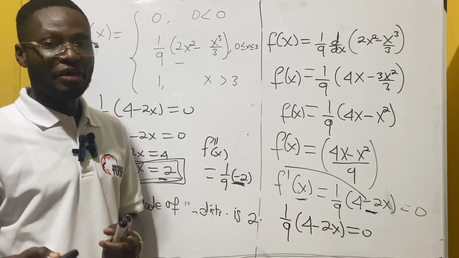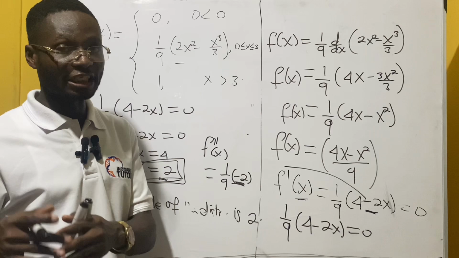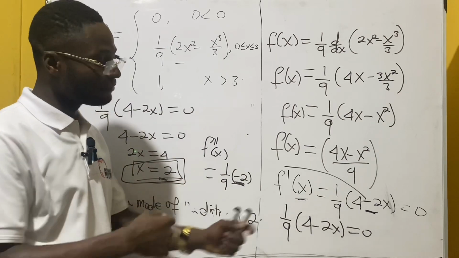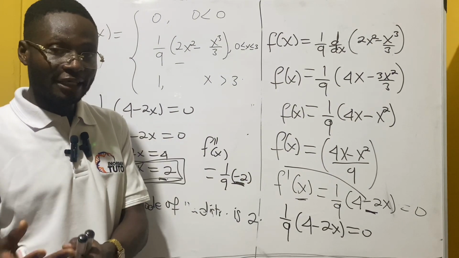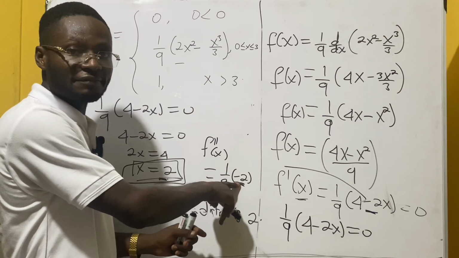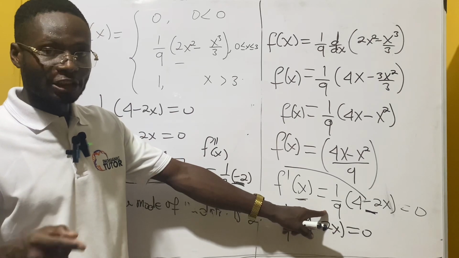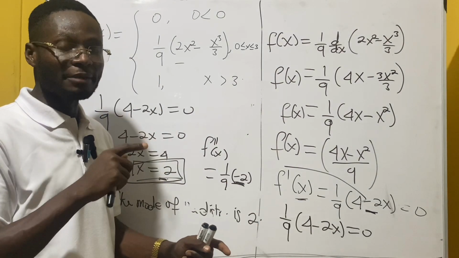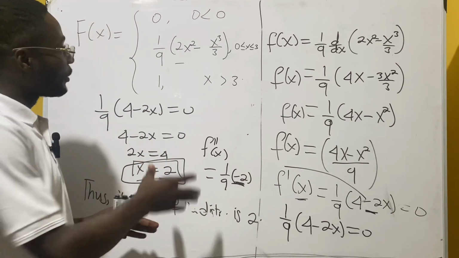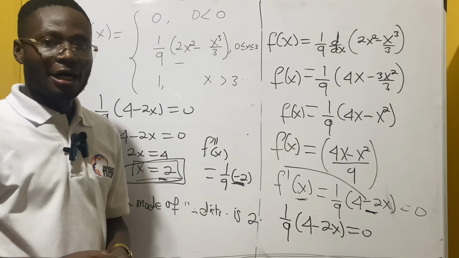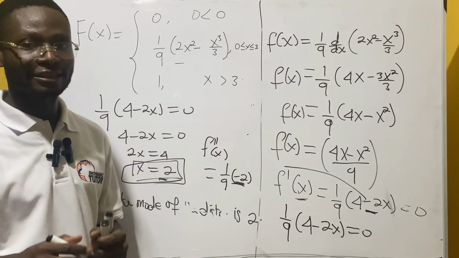And if you want to confirm that the result is indeed the mode, you take the second derivative of the function. If the sign is negative, it means that it has a local maximum, and if the sign is positive, it has a local minimum. So this confirms that the mode for this particular distribution is x equals 2.